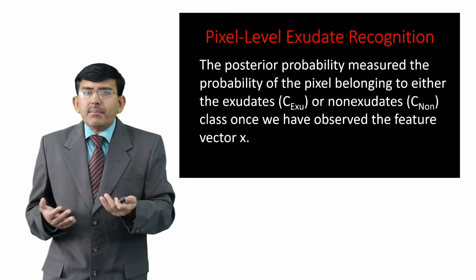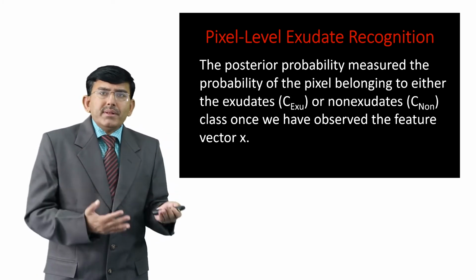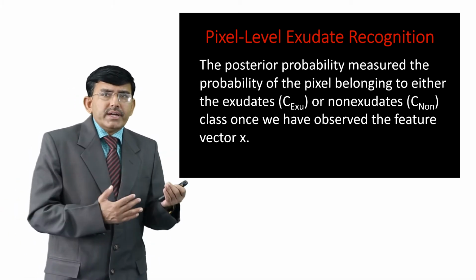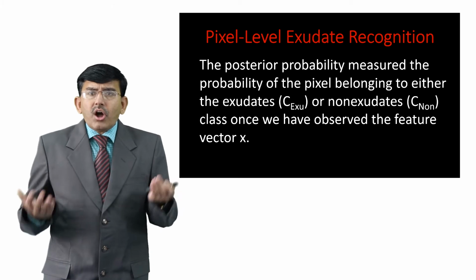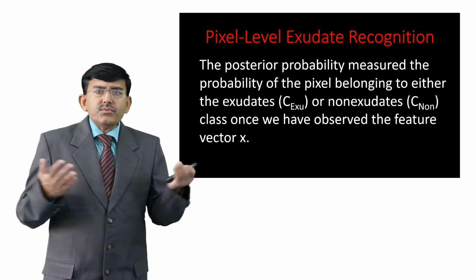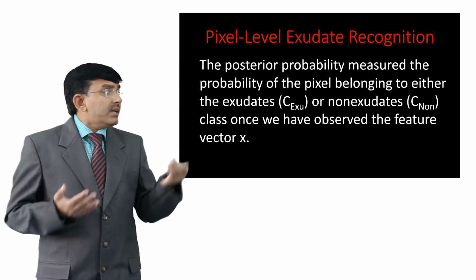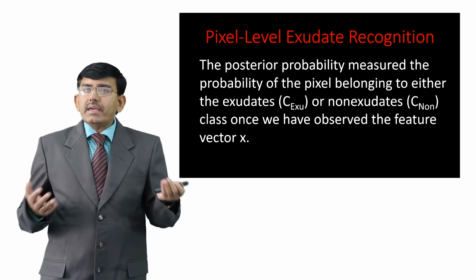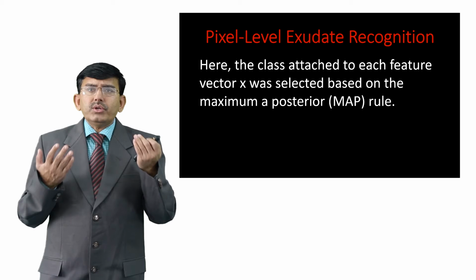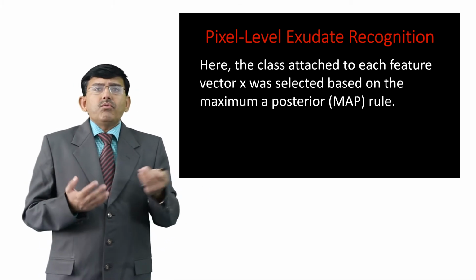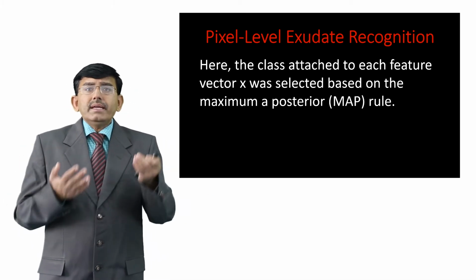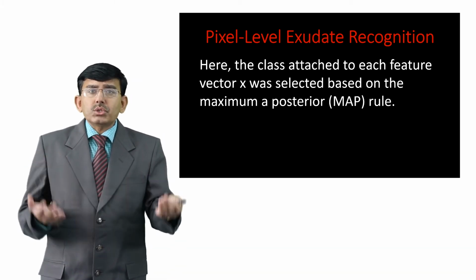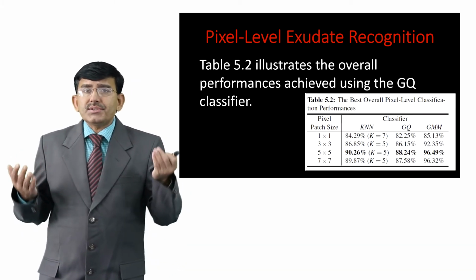The posterior probability measured the probability of the pixel belonging to either the exudate or non-exudate class once we have observed the feature vector x. Here the class assigned to each feature vector x was selected based on the maximum posterior rule, and using this rule the further classification is done.